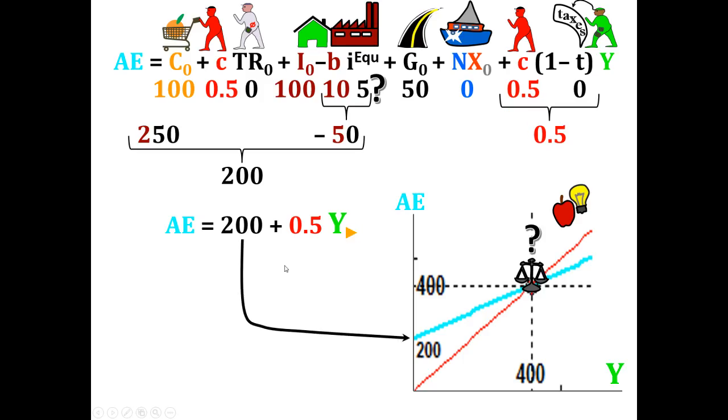So the intercept is 200 and the slope is 0.5. But again, I need the interest rate to be constant in order to draw this curve.